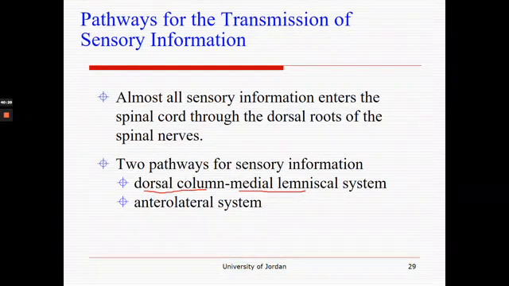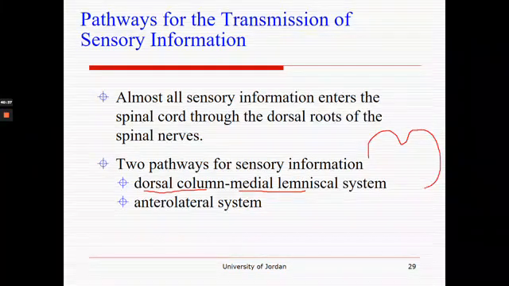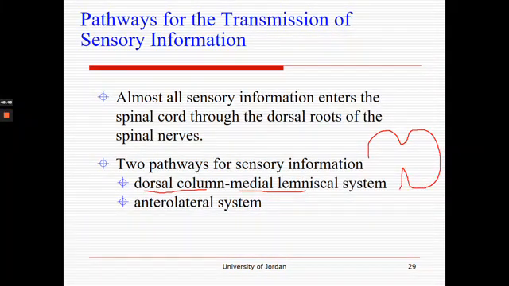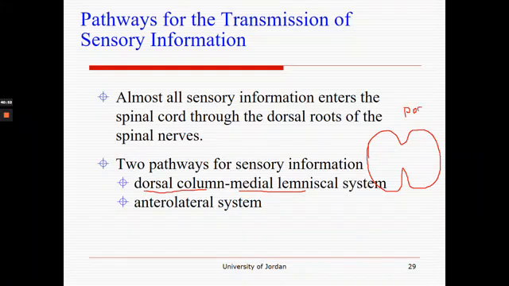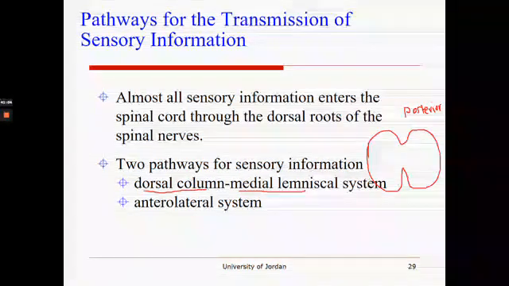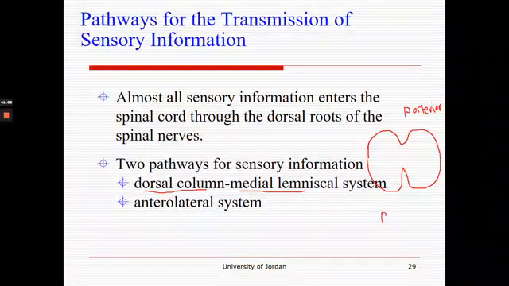You know the spinal cord like here. So this is the posterior aspect. And this is the anterior.